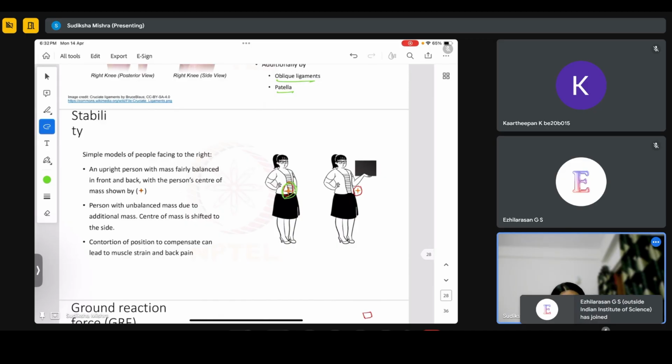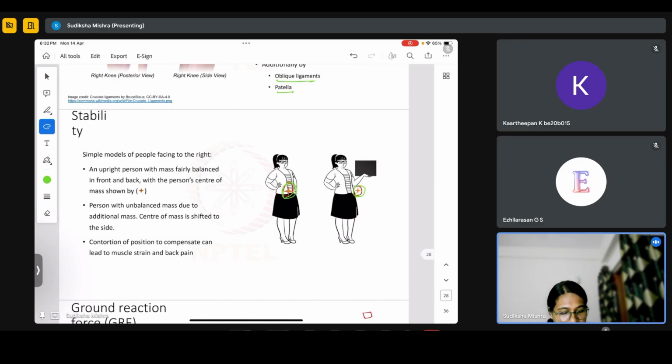Whereas in cases where the person is holding on to some heavy object, in those conditions the center of mass shifts to the outside of the body, and the person needs to compensate for the extra mass. This compensation, if long term, can lead to muscle strain, back pain, overuse of muscles. You might sprain or break something if the weight is too much.